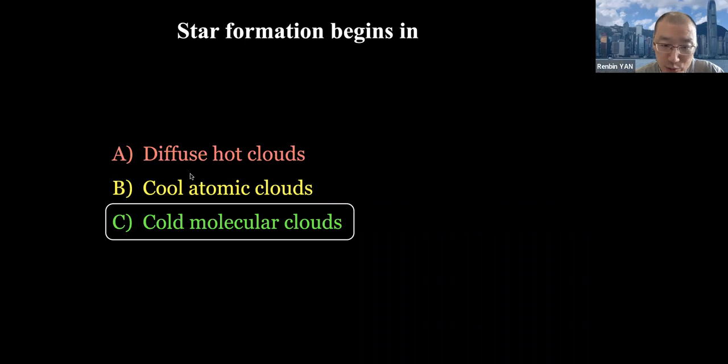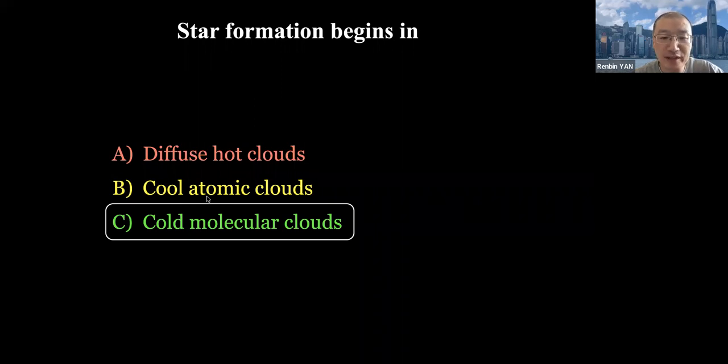Even cool atomic clouds will not be able to do that, only in the coldest place where molecules can form. How would I say that? When the cloud is too warm, atoms are moving too freely, and they cannot combine together to form molecules. When the temperature gets really cool, then atoms can combine together to form molecules.